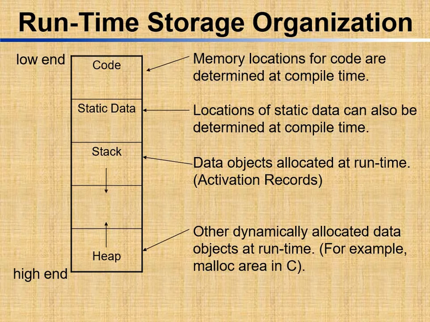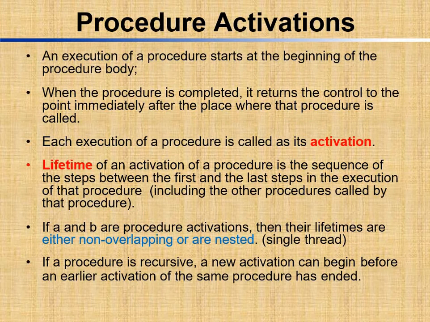Now we will see procedure activations. The execution of a procedure starts at the beginning of the procedure body. When the procedure is completed, it returns control to the point immediately after the place where that procedure was called. Each execution of a procedure is called its activation.